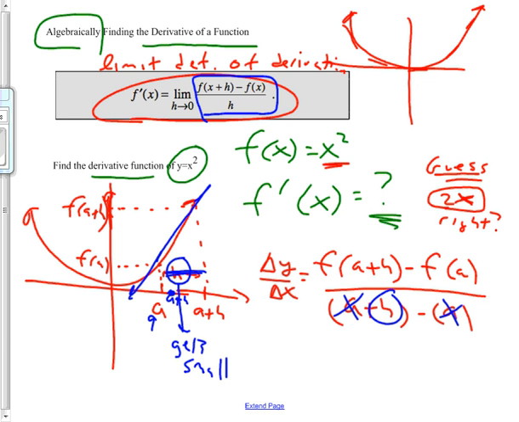And let's let this distance between a and a plus h get infinitely close to 0. So let h get close to 0. And now, instead of looking at some specific point A, let's make it general. Let's look at the point x.